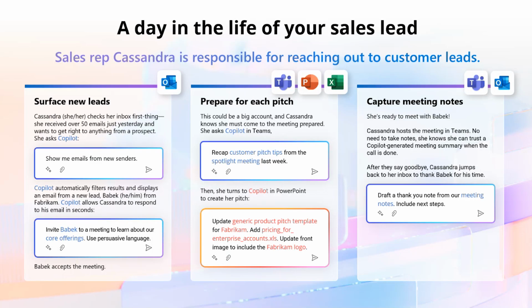Here you can have a look at a day in the life of your sales lead. Basically, working in Outlook, surfacing new leads, generating emails with Copilot, sending new invites, and preparing for each pitch, whether it's in Teams, PowerPoint, or Excel.